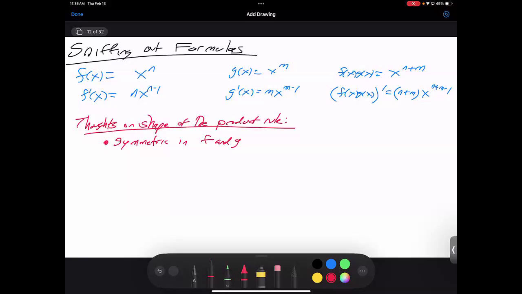And now if we go back to the wise asses who used 1, what should happen if, say, f of x equals 1? What should you get? Right, good. So if f of x equals 1, you get g prime of x. If g of x equals 1, you should get f prime of x.